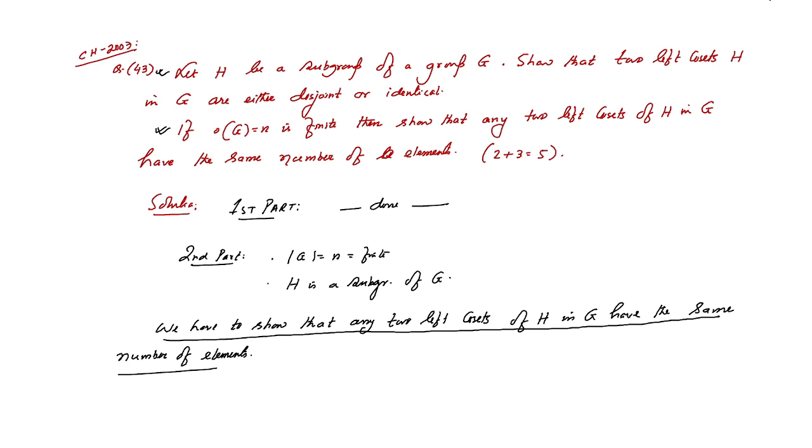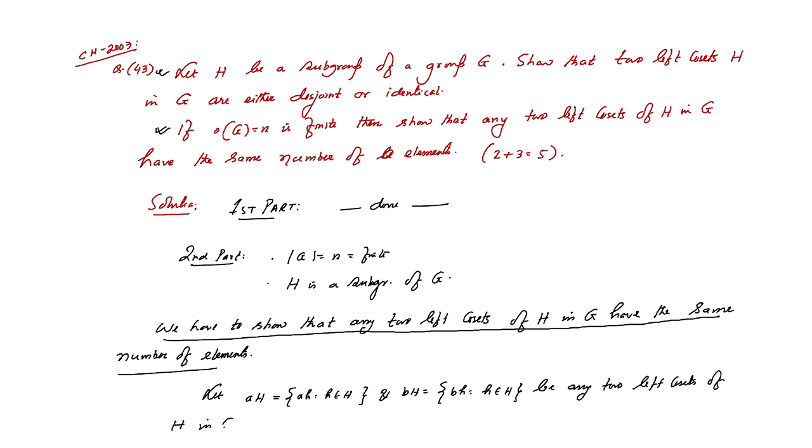So let aH and bH be two left cosets of H, where a small h, h belongs to capital H, and bH, that means b small h, h belongs to capital H, be any two left cosets of the subgroup H in G, where a and b are elements of G.